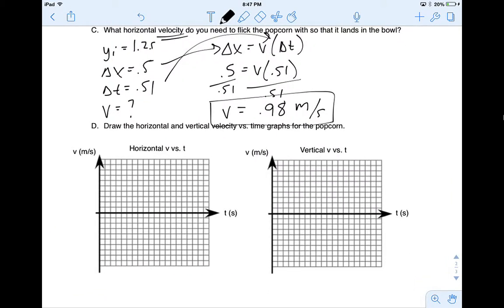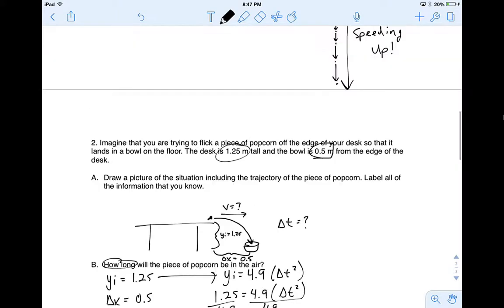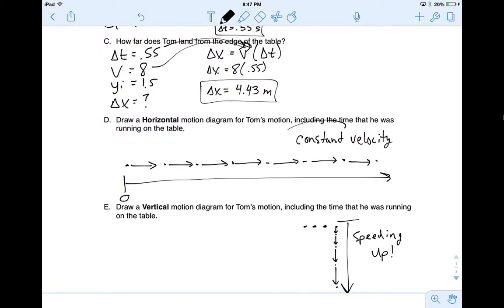Now, horizontal and vertical velocity versus time. Remember, side-to-side velocity is constant. Side-to-side velocity is constant. Get that tattooed on your face.